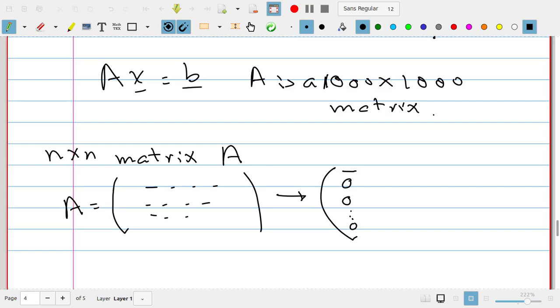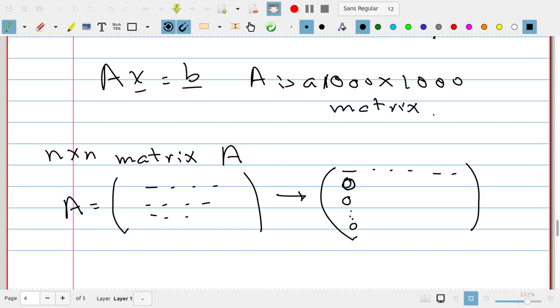If you want to make all of these 0, you first need to multiply the first row by some number, so that the second row minus the first row yields 0 here.